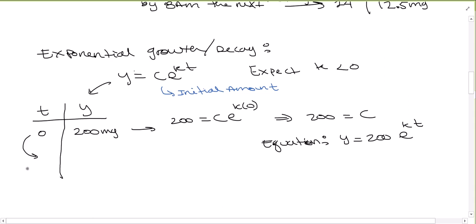Now let's bring in the half-life. So when t is 6, right, the half-life is a measure of time, so 6 hours, we're going to get half of what we started with, 100 milligrams. So let's take that with our new equation. That means that when t is 6, y is 100.